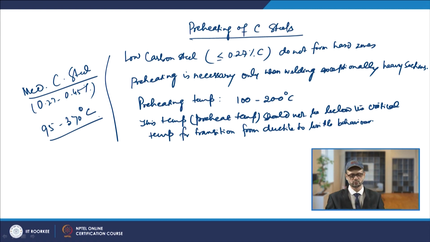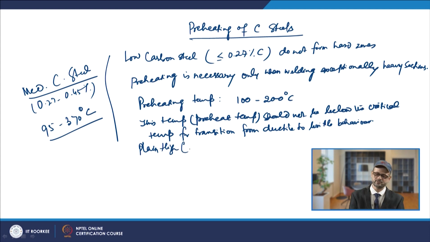If you go to plain high carbon steels, the preheating requirement becomes greater still, because the hardenability is quite high. They are very difficult to weld because they can very easily form martensite, and that will cause brittleness.